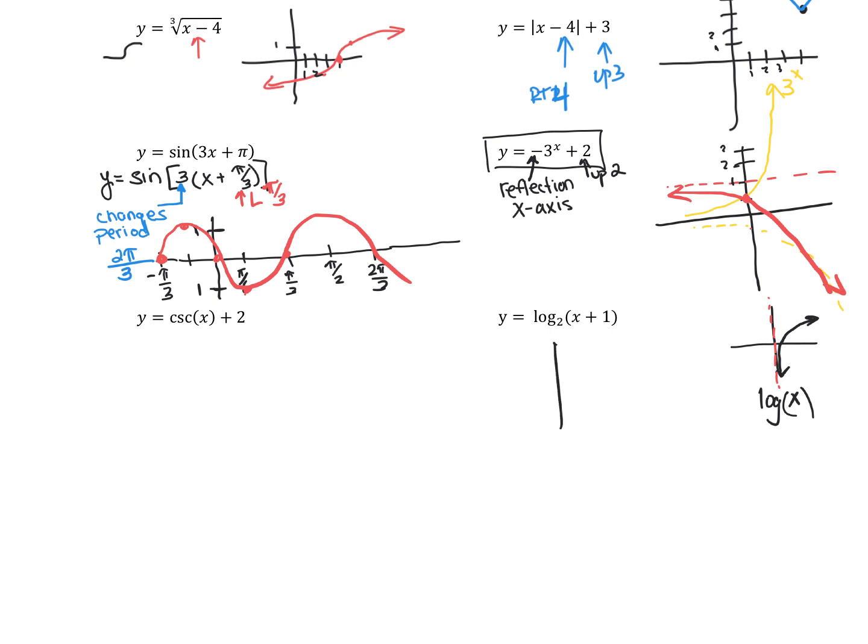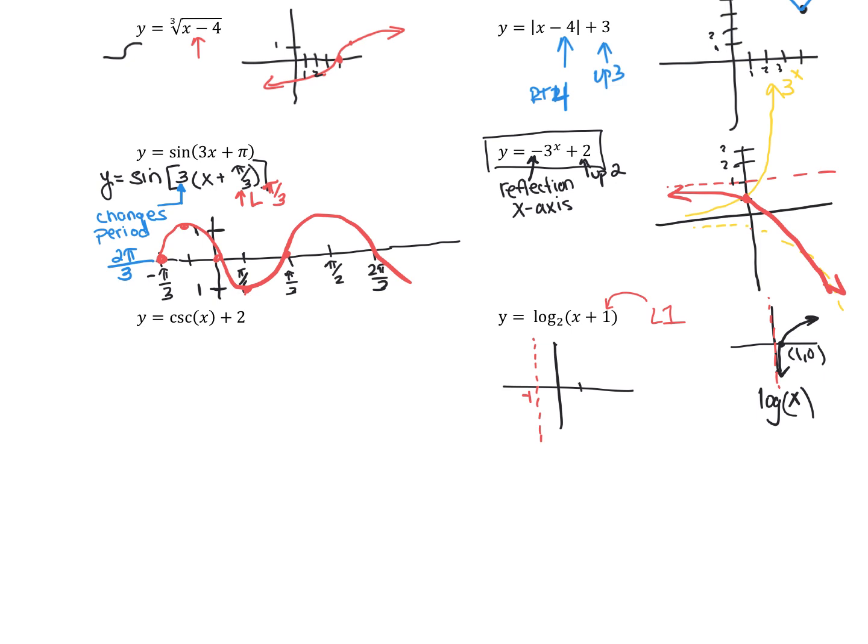We're going to take this and we're going to shift it. Based on this, we're adding to the x. We're going to go left 1. So that means our asymptote is going to be to the left 1. So that's going to be our vertical asymptote. We were here at the point 1, 0, regardless of what your base is.